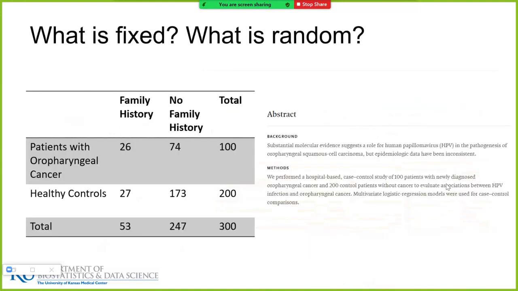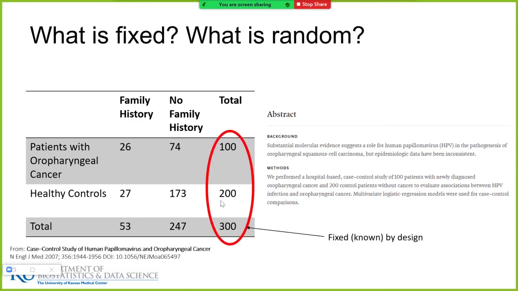And that has to do with the fact that the denominator of risk is not fixed from the study design. If you look at the abstract of this study, they selected 100 patients based on their disease status. They had to have oropharyngeal cancer, and then they found 200 control patients. So what's fixed here is this. It's fixed by the design, 100 and 200, but it's based on their outcome, right?